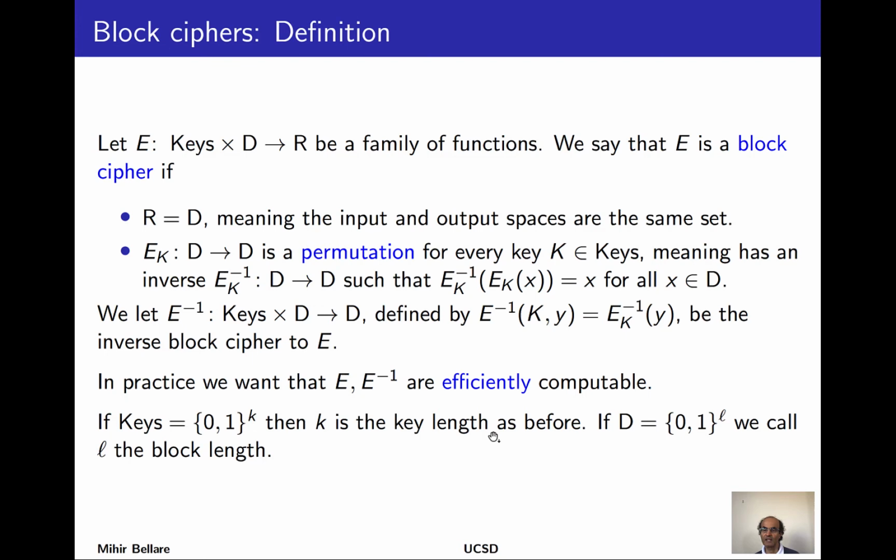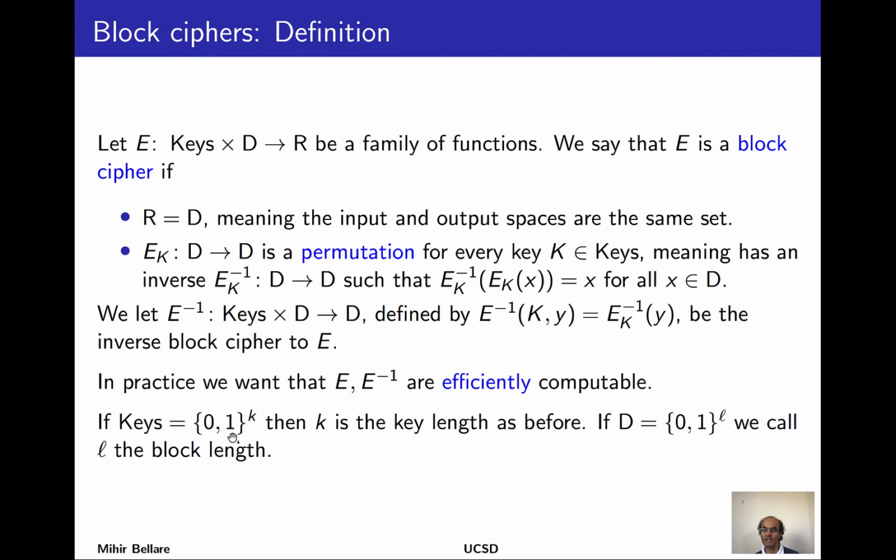Now, again, in this description, we don't talk about any computability properties, but in practice, we want these block ciphers to have compact descriptions. We want them to be easy to implement in software and hardware and things like that. And those we'll see in specific examples.